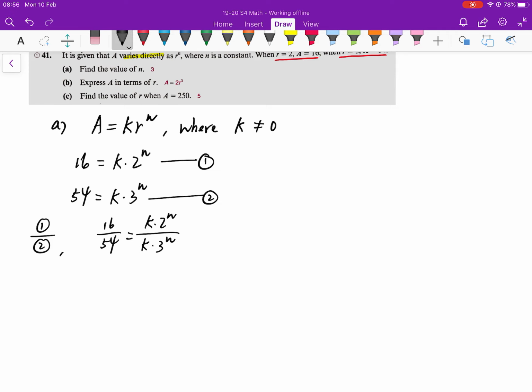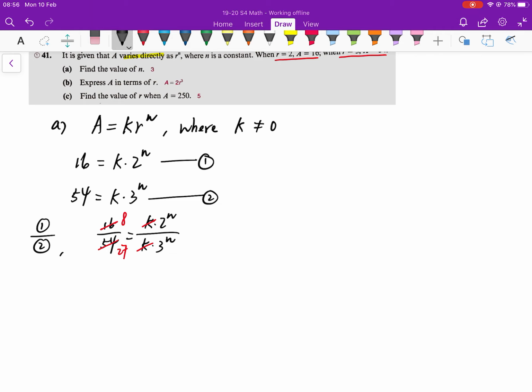As you can see, as the k's are constants, we can eliminate them. Similarly, on the left hand side, we simplify it by 2, so it becomes 8 over 27.